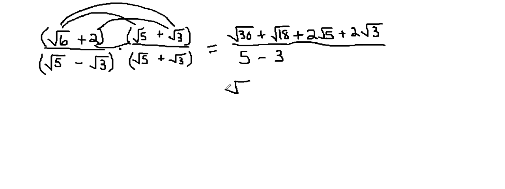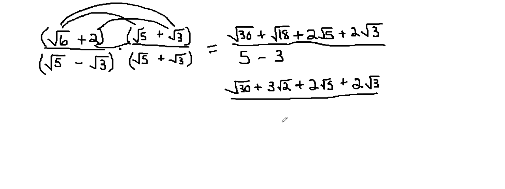Square root of 30, because there's no simplifying there, plus, here I can take out a 3, and root 2 is left, plus 2 root 5, plus 2 root 3. Oh, I thought I could add those together, but it doesn't look like it. And this will all be over 5 minus 3, which is 2.